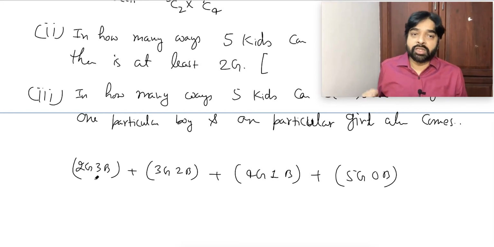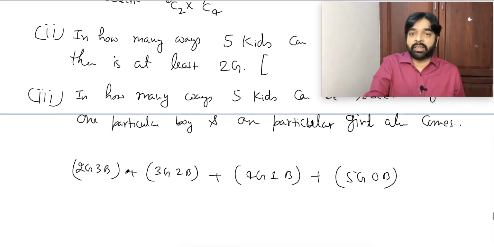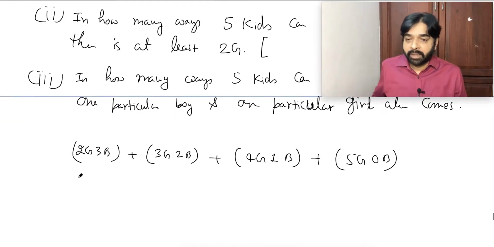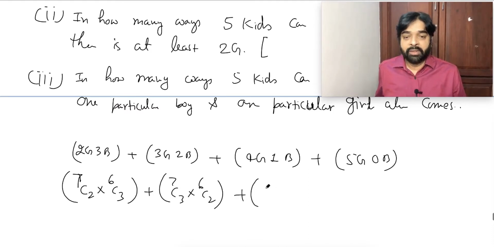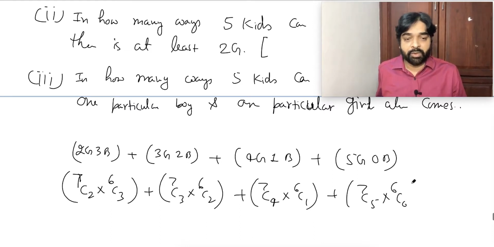So 2 girls, 3 boys, in how many ways? How many girls are there? 7. 7C2 and 3 boys means 6C3, or 7C3 into 6C2, or 7C4 into 6C1, or 7C5 into 6C0.